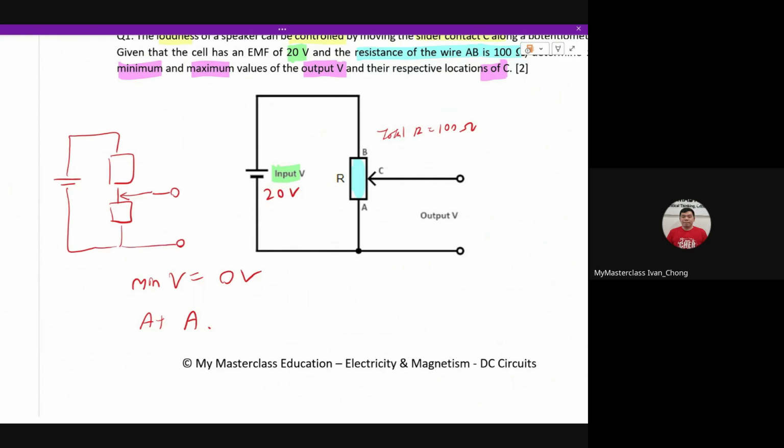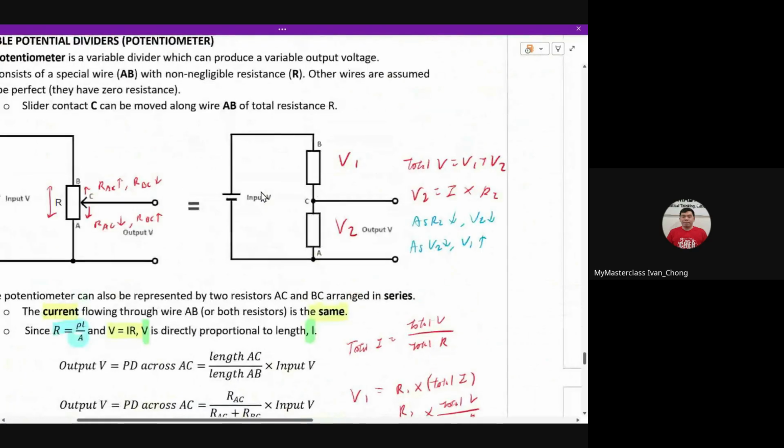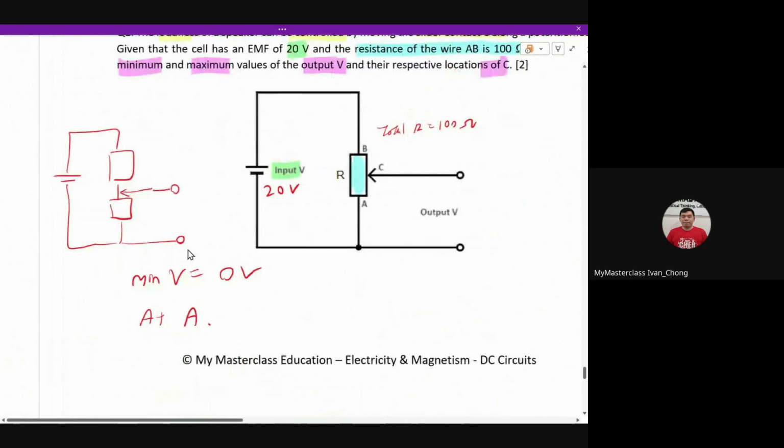If we use the one from on top, if you want to have zero, if you want to have the minimum, this is your minimum, this is your maximum. If I put it all the way at A, this is A and B. Because there is no resistance here, V is also 0 here. So the minimum must be 0 volts, at point A.